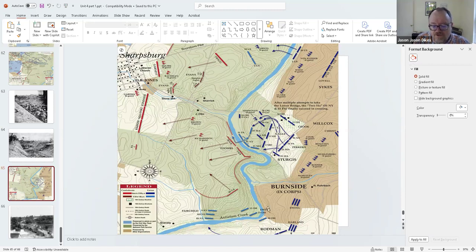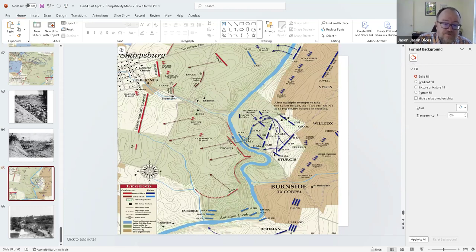Some Union forces did try to get across here, but it's very difficult to get up. You almost have to climb up the wall of the creek. It's not like just walking through a creek and then walking out the other side. You have to climb your way out. And so it was very, very difficult. And there were some more Georgians holding them off.